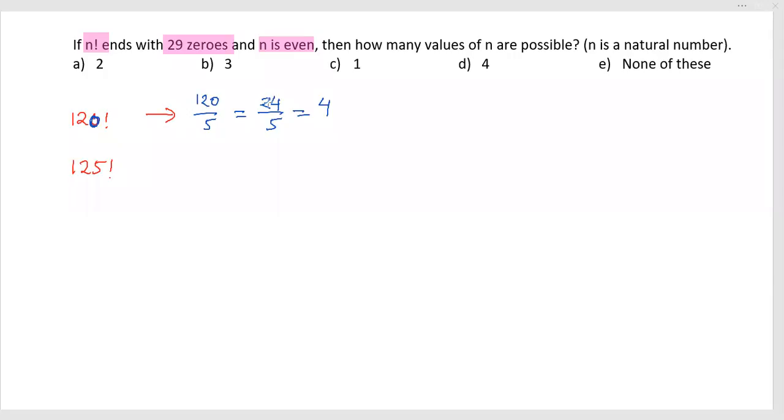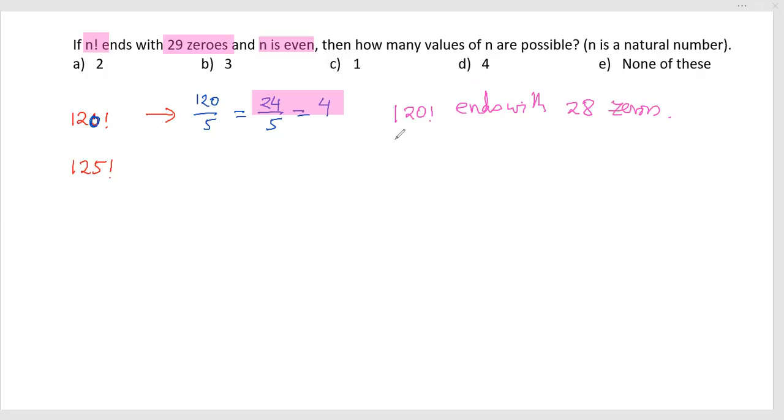That means I can say one thing, that 120 factorial ends with 28 zeros, and from 120 onwards up to 124 factorial, all end with 28 zeros.